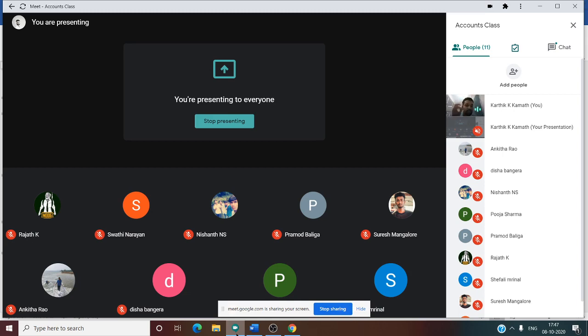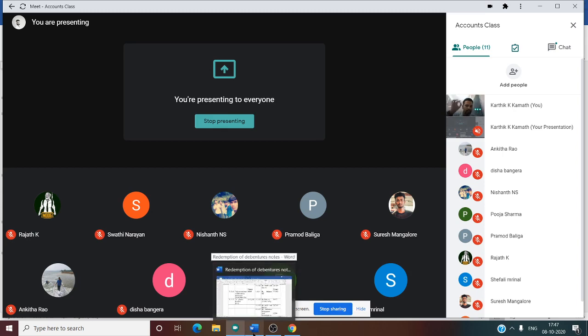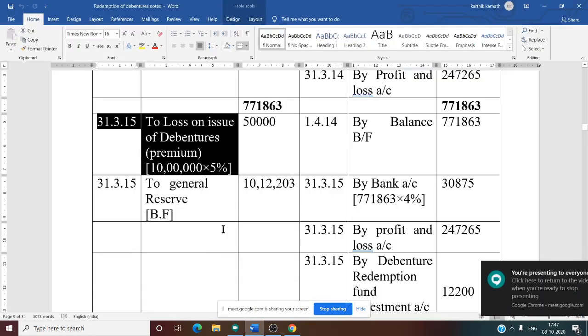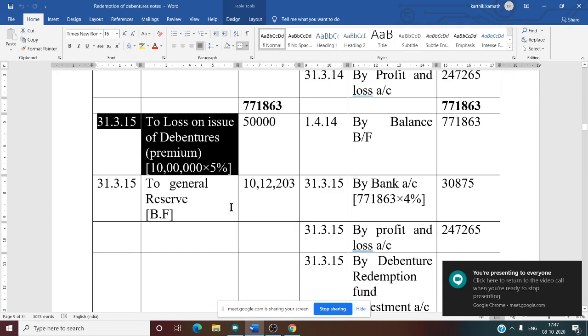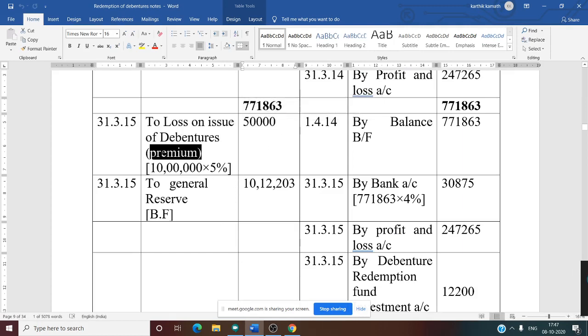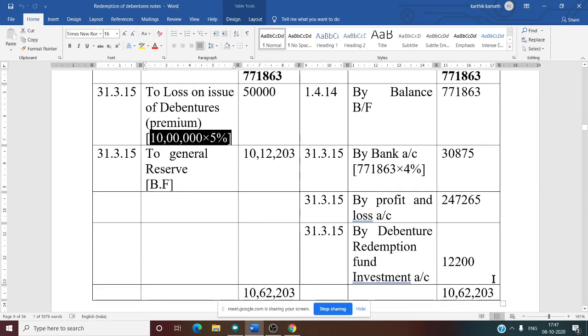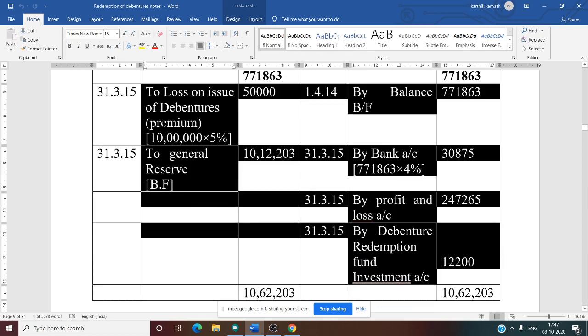Now company is going to pay extra amount. So there is a loss to the company. When there is a loss to the company, what happens? See this, to loss on issue of debenture, that is 50,000. You need to write a premium amount. That is 10 lakh into 5%, 50,000 is a premium.